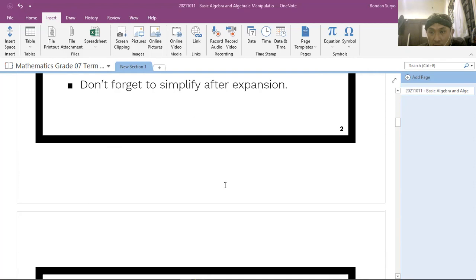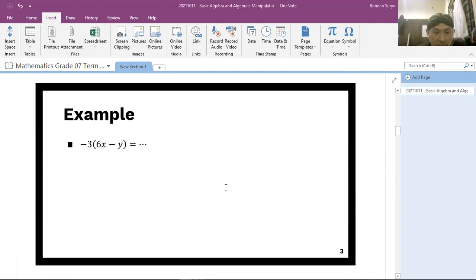Now, let's roll up. This one, for example, -3 times x. Now this one, how do we do it? -3 times 6x equals -18x.